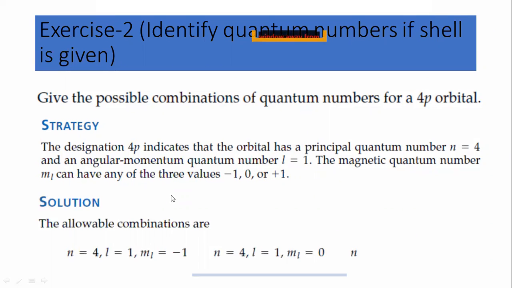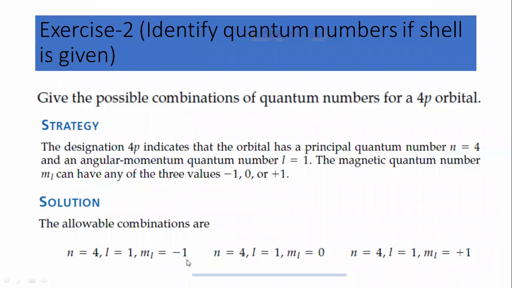So what is the answer of this one? In a similar way, you have to give n is equal to 4, L is equal to 1. And this is just written over here because we do not know what type of orientation this p is having. So that is why the three orientations are written over here.